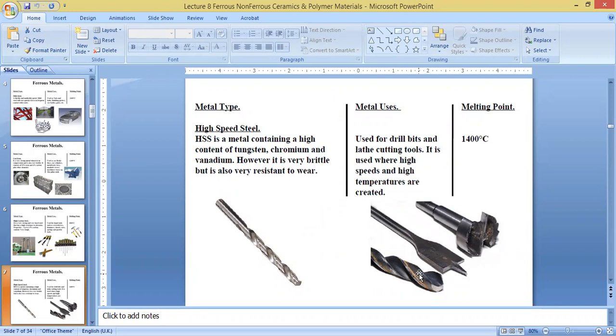So when you're drilling, what forces do you think are acting on the drill bit? Are they tensile or compression forces? It's compression. Imagine you're drilling in the wall. So compression forces are acting on this drill bit, right?